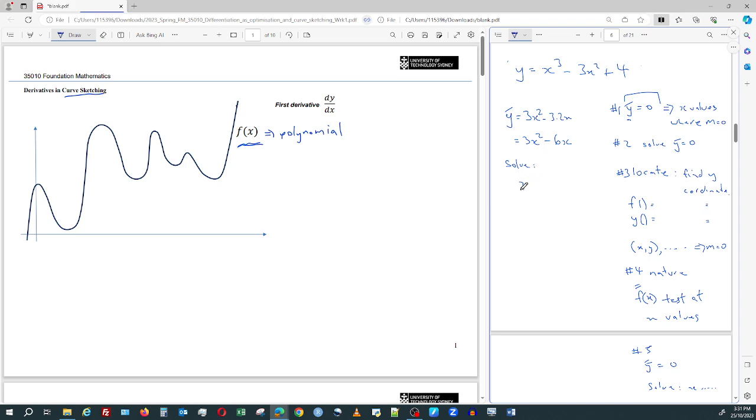So we've got 3x squared minus 6x is equal to 0, and we're going to solve that just like we solve any other particular equation. Now in this we know it's a quadratic. We could use the quadratic formula to do that, but because there's only two terms, we can take out what's common. So we can take out a 3 and an x, and we can take out 3x, because on expansion that would make 3x squared, tick, and minus 2 would give us 6x, tick.